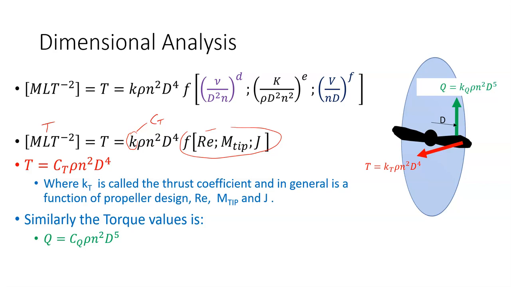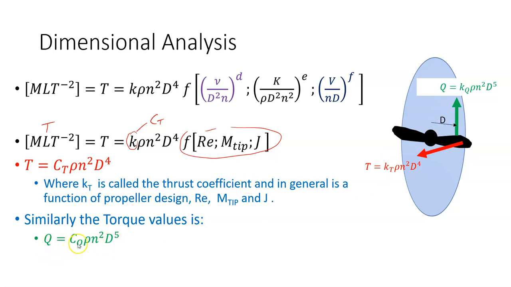And if I look at the torque, well, if I have a lift force from the airfoil, so that's the thrust, I'll have a drag force, and that's acting at a distance d to give us torque. So we'll call this coefficient of torque, rho n squared, and then we're just multiplying this by this value d, so we get d to the 5.